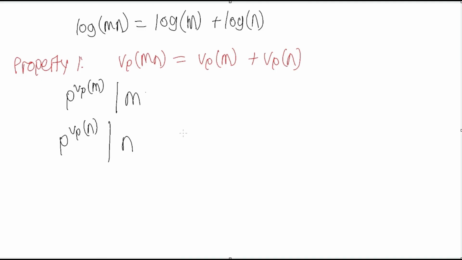Then what is the highest exponent of p dividing mn? Well, it would just be the product of these two, because we're not going to get an extra factor of p from nowhere. So therefore, it's going to be p to the nu p of m times p to the nu p of n. And with this, the result just follows by combining the exponents.